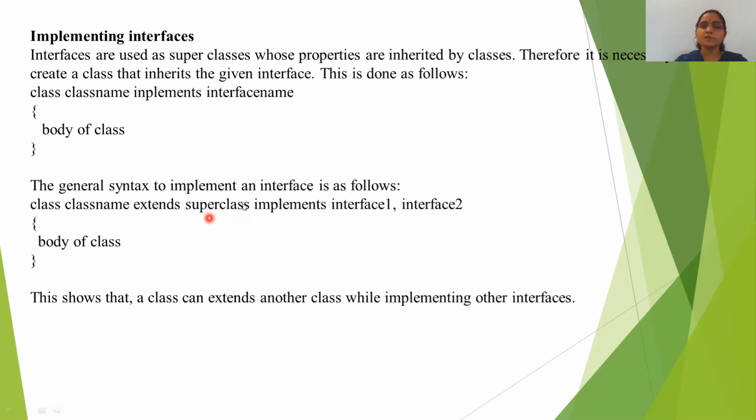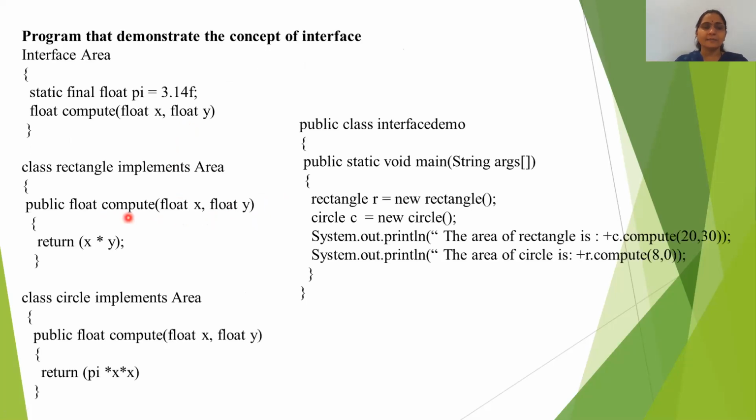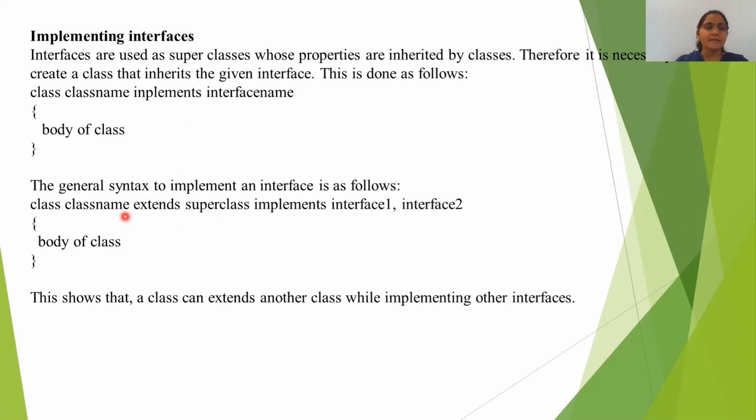Class name extends superclass means up to this point I have just used the concept of inheritance. Superclass means the old class, and class name means the subclass or the new class. Up to this part, I am inheriting the superclass into the subclass, and then it implements the two interfaces, interface one and interface two.